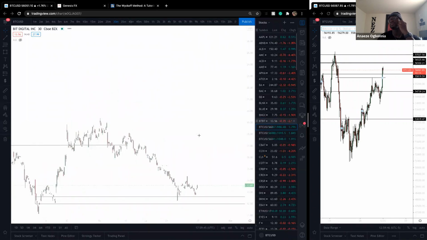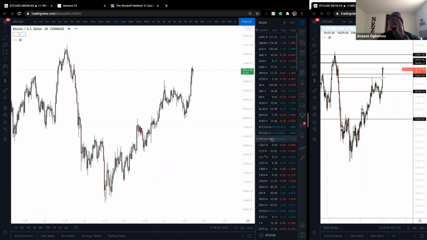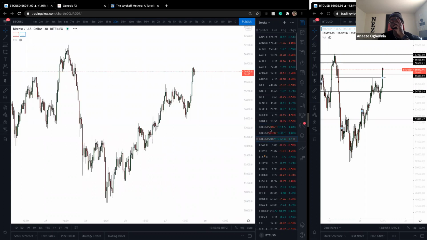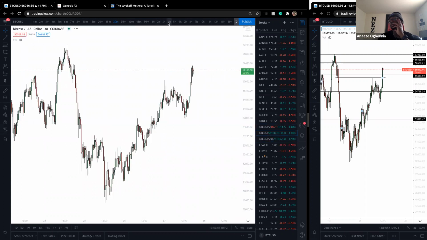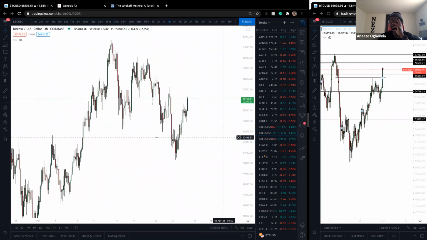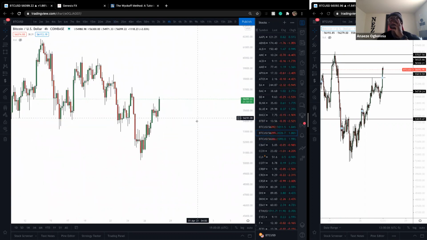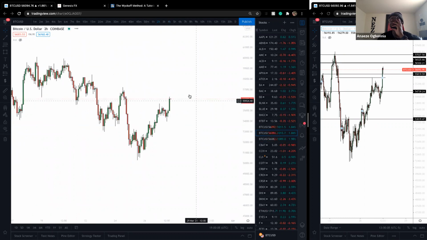Bitcoin, like I said, Bitcoin bullish. I mean, I could do a really quick markup for y'all. Bitcoin broke structure, came back and broke structure upside again. And you can see we have a wick entry to the upside.